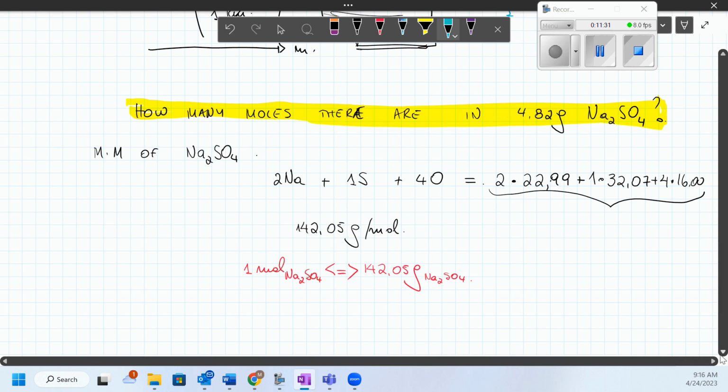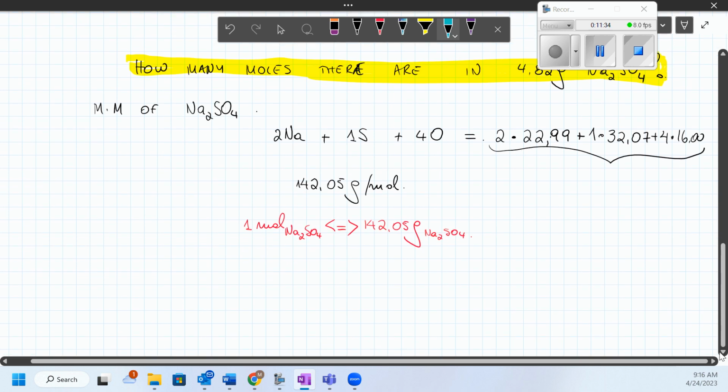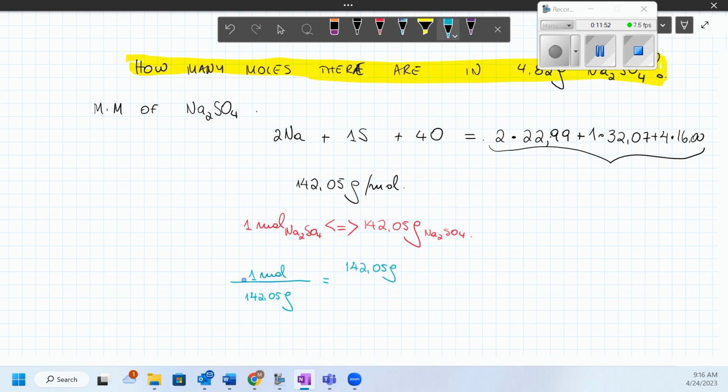So when I write it as a ratio, I just put them one on top of the other. So 1 mole of sodium sulfate is 142.05 grams of sodium sulfate, or if I have 142.05 grams of sodium sulfate, then I have 1 mole of sodium sulfate.